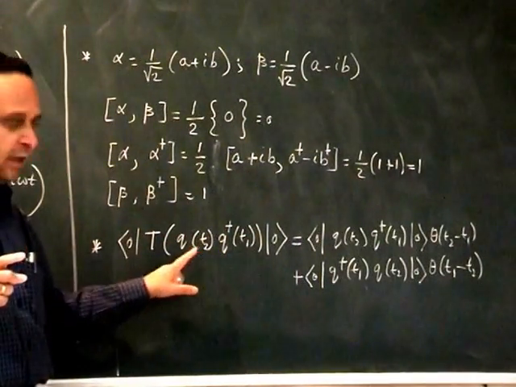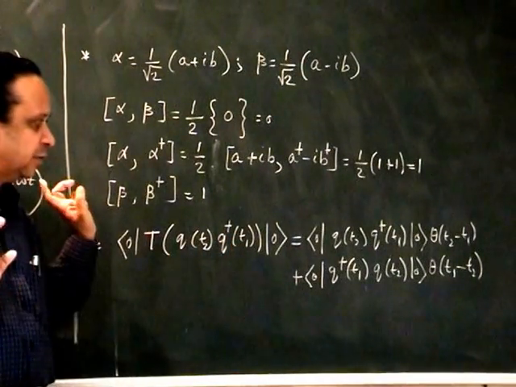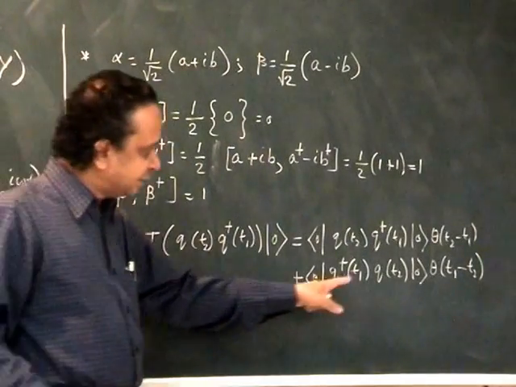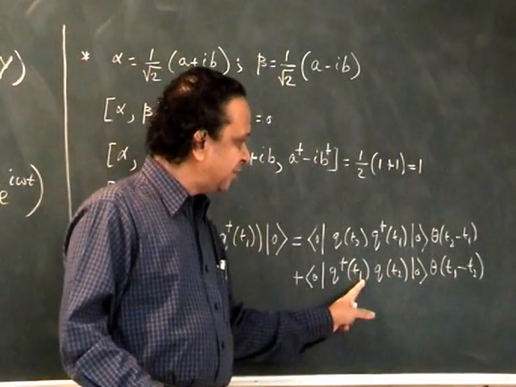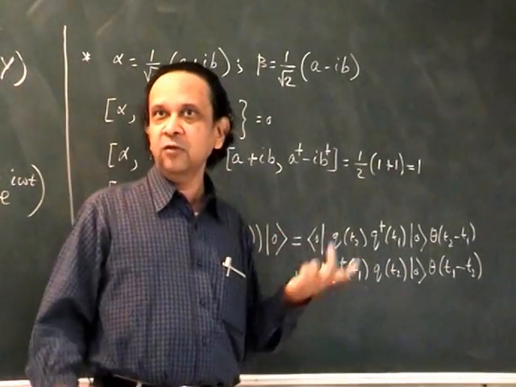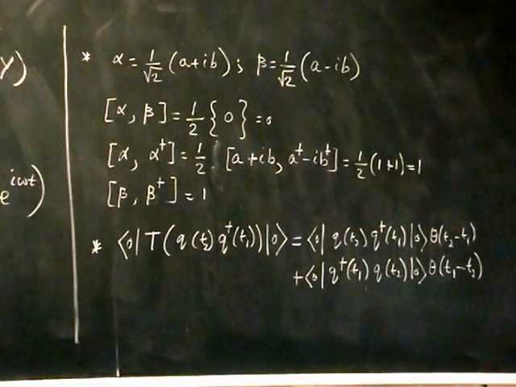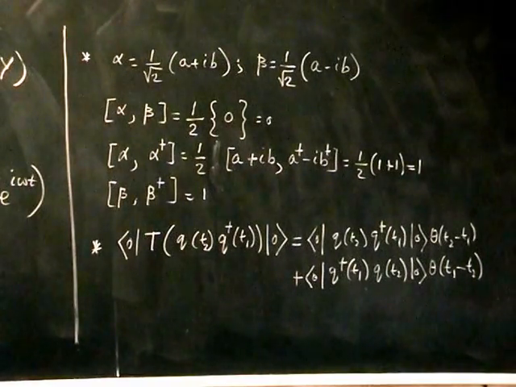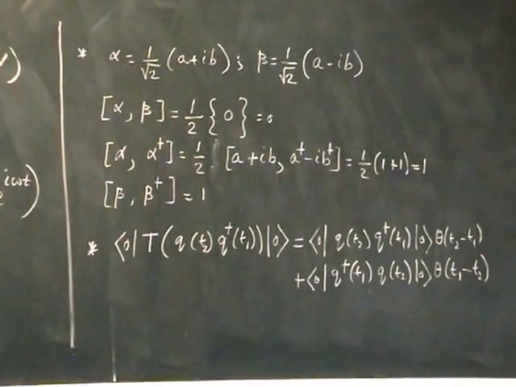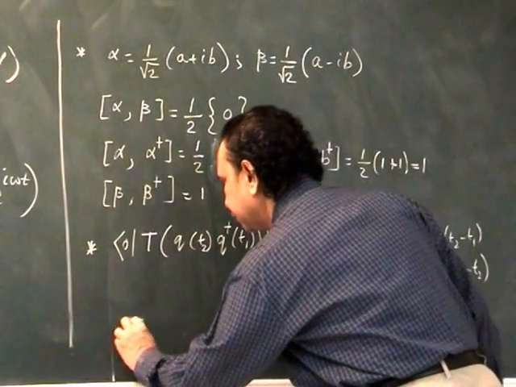If time flow is not correct, you flip it by just moving this operator to this side. So as a result, inside the operators will always be time ordered, but whether you get a dagger or not depends on what you started with. So it's a fairly simple object. This is what I want to do, and I want to compute it. I want to see what it is. That we can do. So let us look at each term.